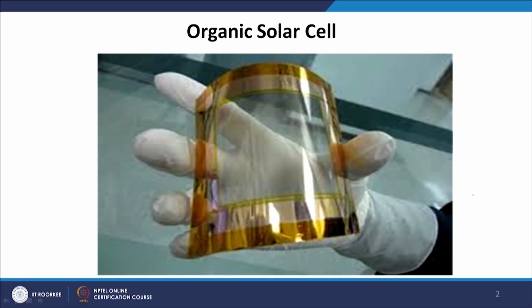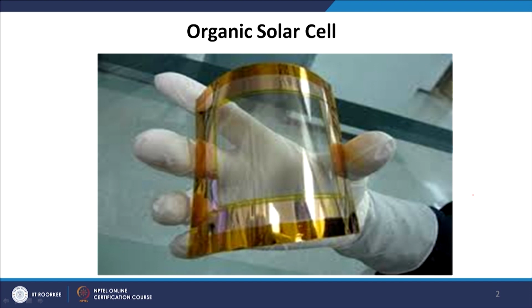In this context, today we will discuss another very important variety of the third generation solar cell, namely the organic solar cell. As you can see from this picture, this is an example of an organic solar cell. Looking at this picture, some facts immediately come to mind: we can fold this solar cell, so these solar cells are flexible, and as you can see from the figure, they are transparent, so light can transmit through them.